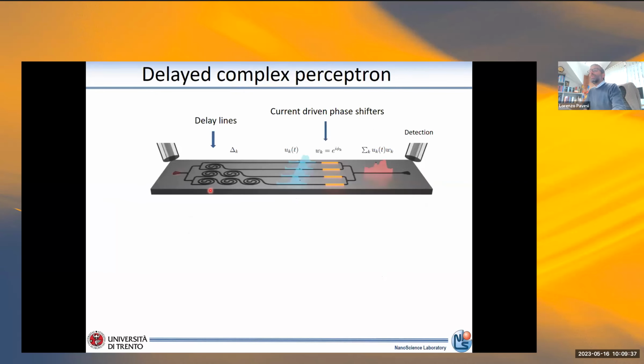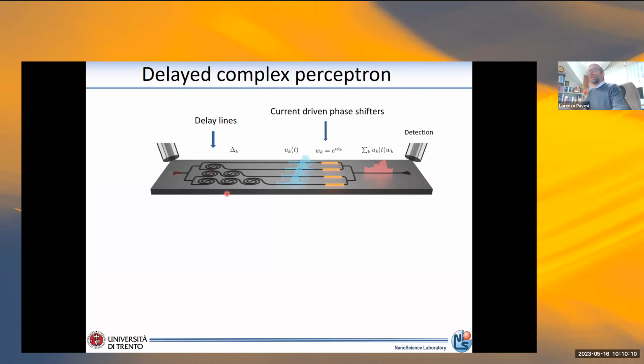Then we built a very simple device, a complex time-delayed perceptron, used to implement a neural network that is performing quite well, as I will show you. The device is given in this sketch, where you have an optical fiber and the light signal enters through a grating coupler and is split into 4 different channels.